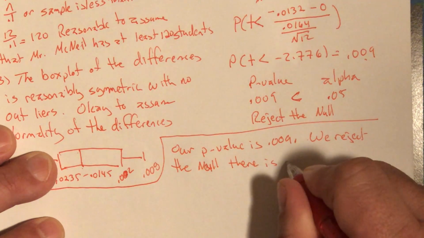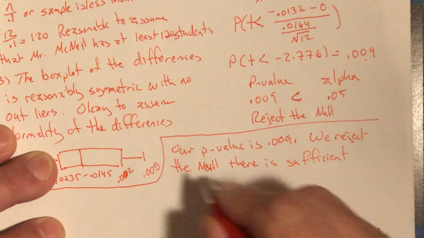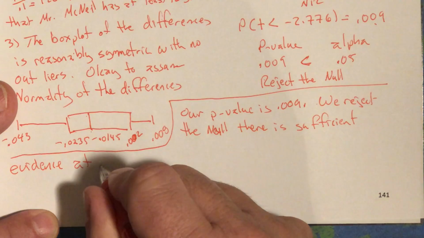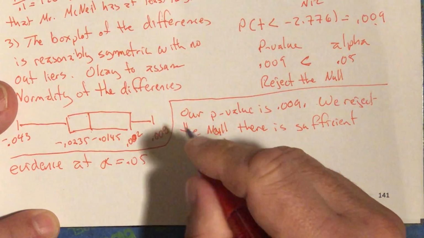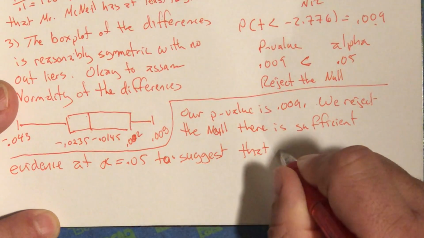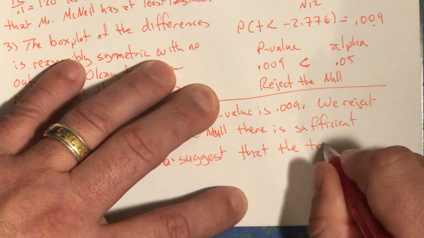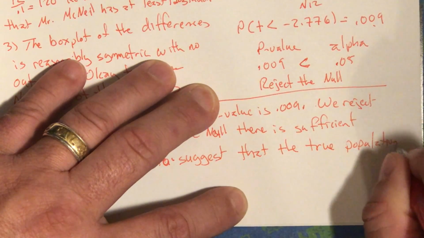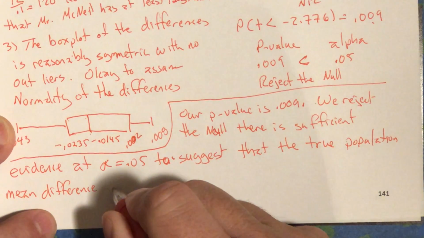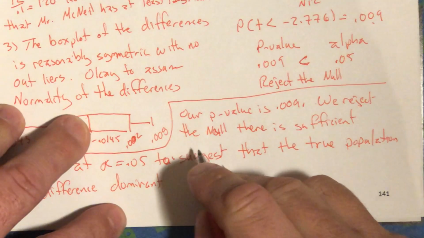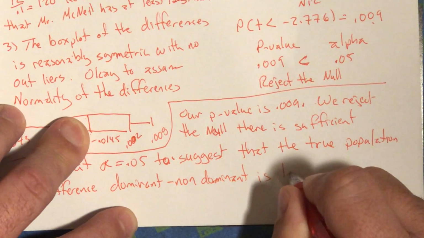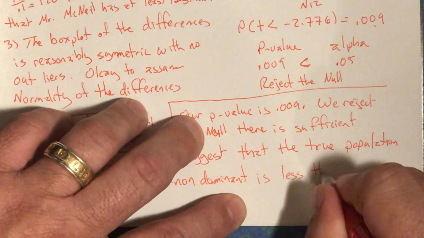There is sufficient evidence at alpha equals 0.05 to suggest that, what was our definition, the true population mean difference, dominant minus non-dominant, is less than 0.